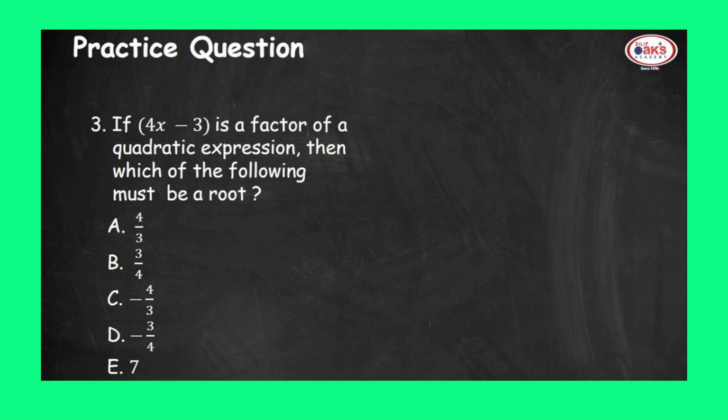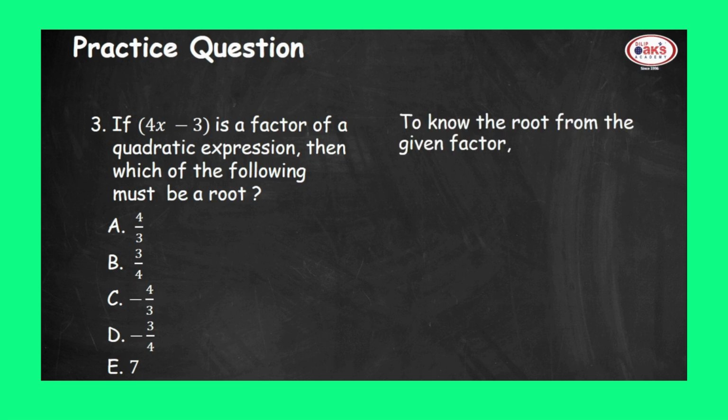Now this question is coming to us in exactly reverse direction as the previous one. In this question, we are given that 4x minus 3 is a factor of a quadratic expression and we are expected to find the corresponding root. So what is the technique here to get the root from the factor? It is illustrated in the solution.